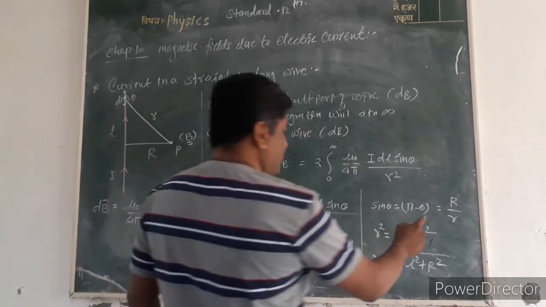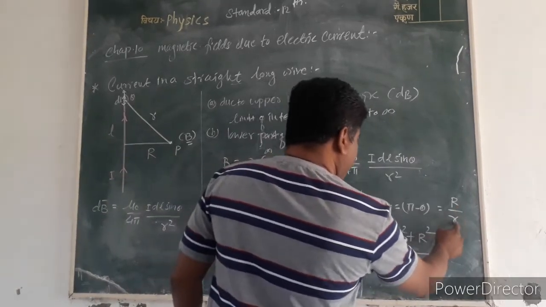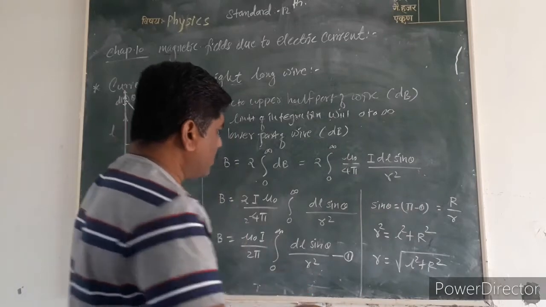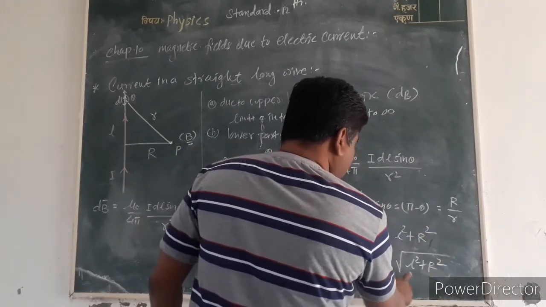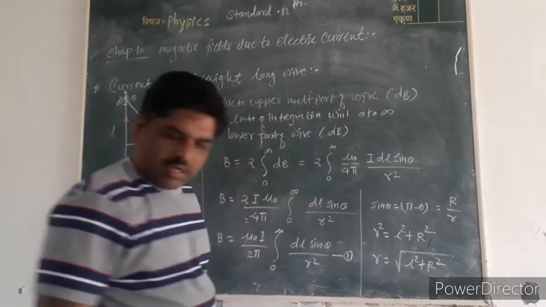Put the value of sin theta, that is R upon r. Also the value of r is under root L square plus R square.